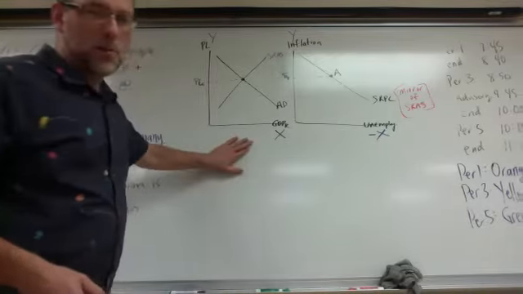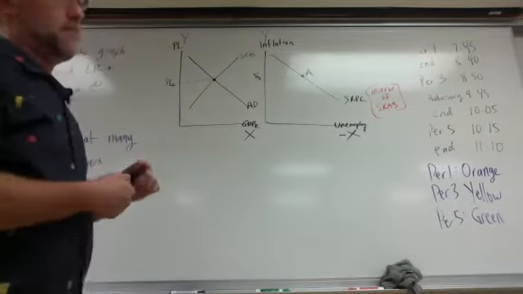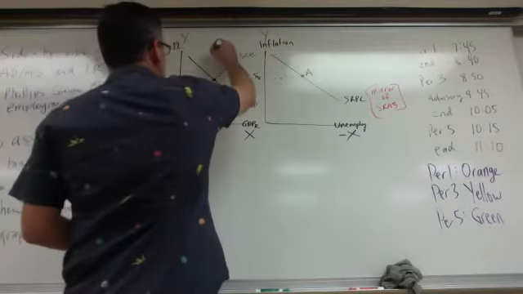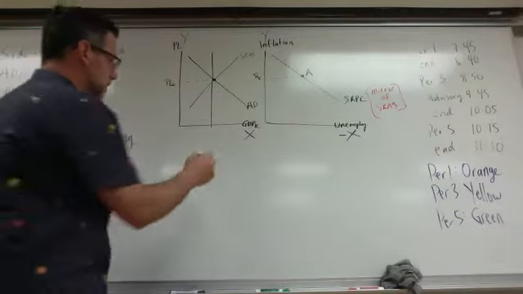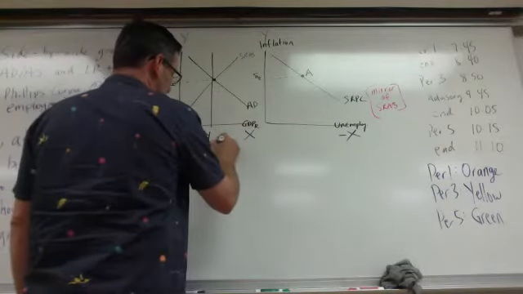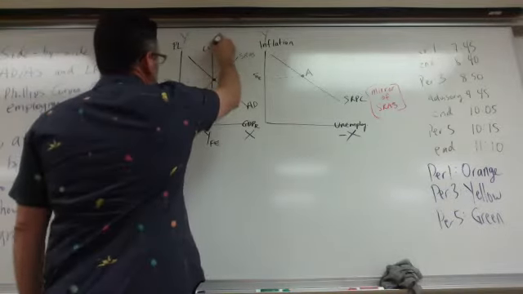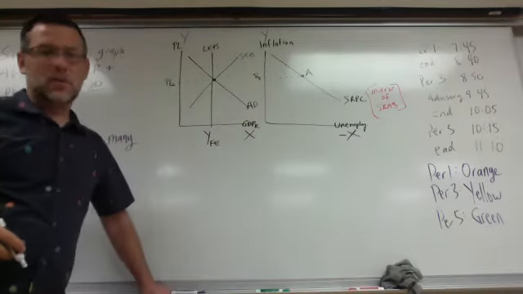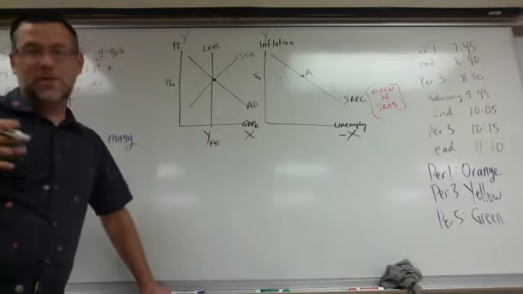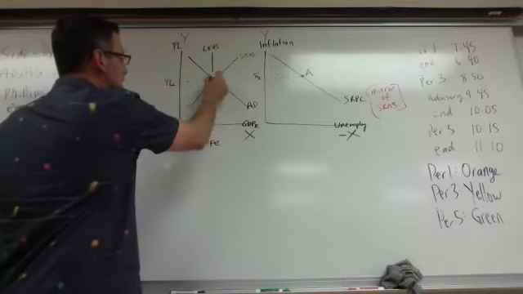So we're going to add long run aggregate supply to this graph. If we're at full employment, it goes right there through our intersection point. All right, so that's where we currently are. We're at the long run equilibrium if we're at full employment. So we're at long run equilibrium here.